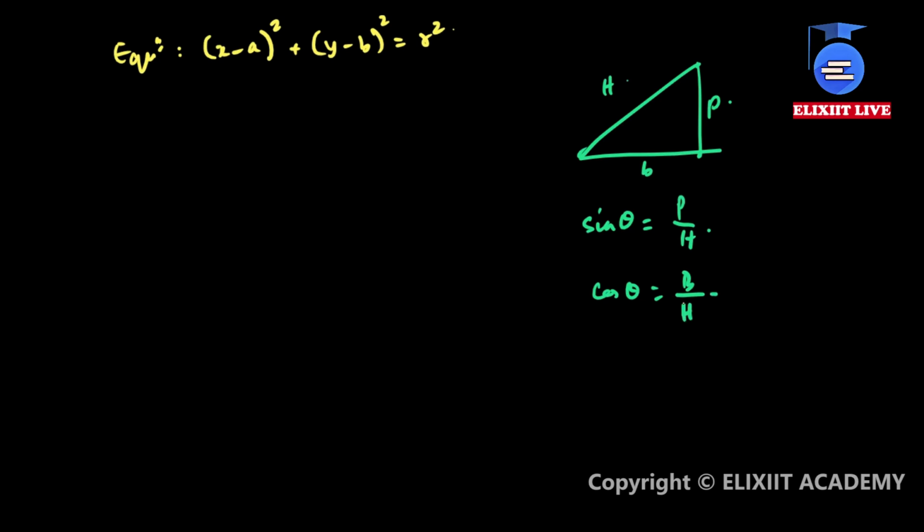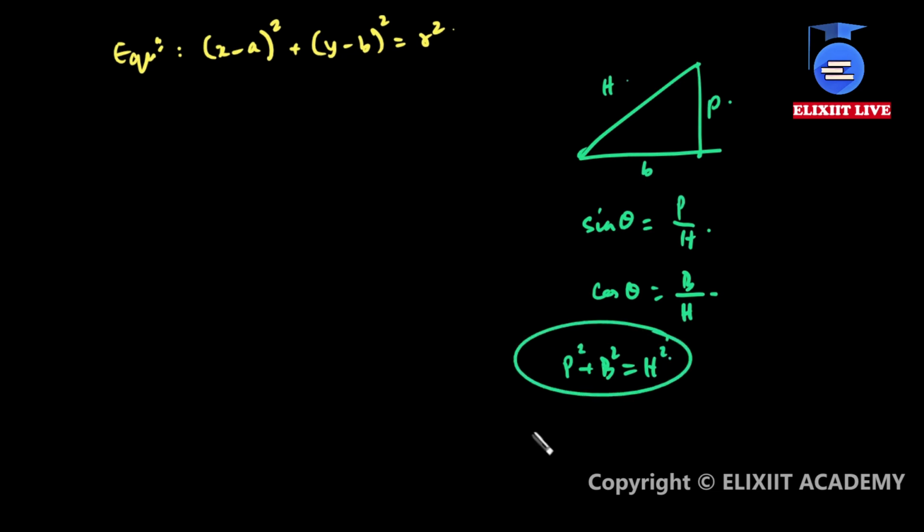This is how we define them. And what does the Pythagoras theorem state? Perpendicular square plus base square is equal to hypotenuse square. And this is exactly what we have with this identity: sin square theta plus cos square theta is equal to 1. That's how we are deriving it. This is nothing but the Pythagoras theorem.